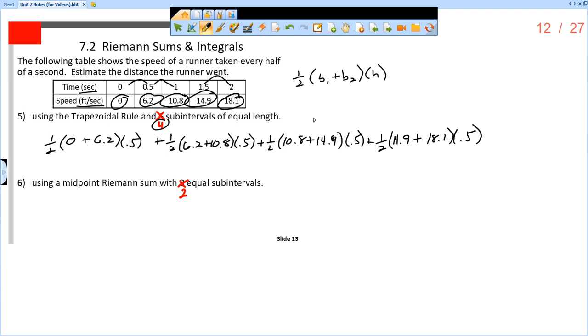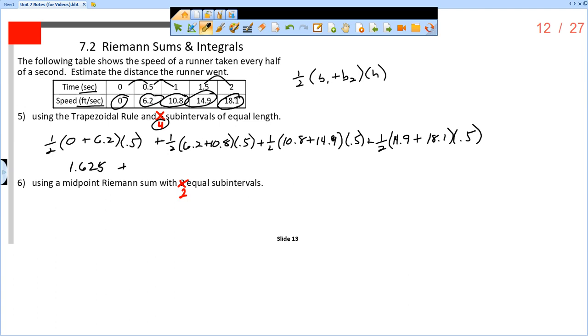And so now we have our trapezoidal sum. Now, obviously, you should be able to do this calculation. So I have 0.5 times 6.2 times 0.5, and that's going to get me 1.625.